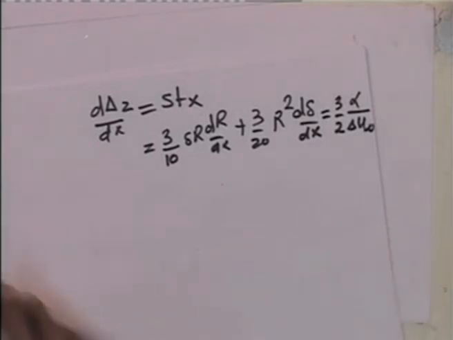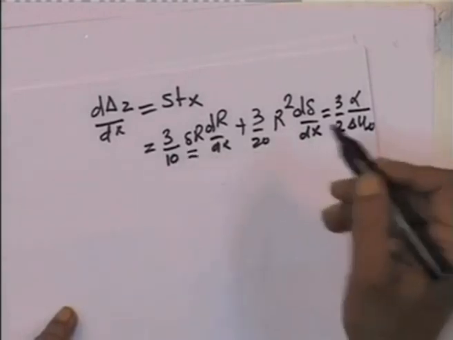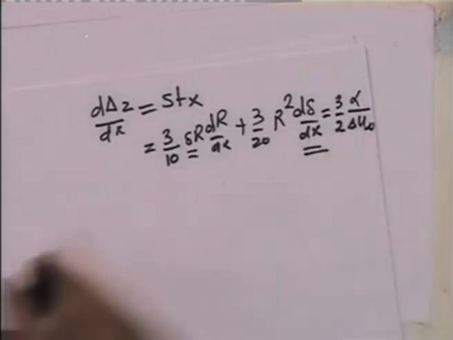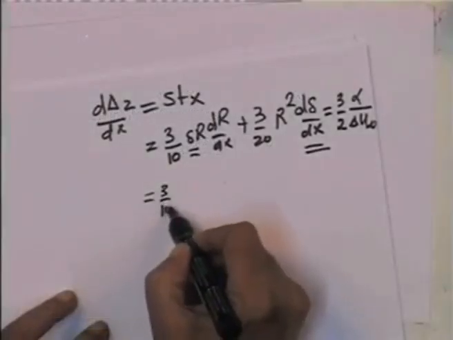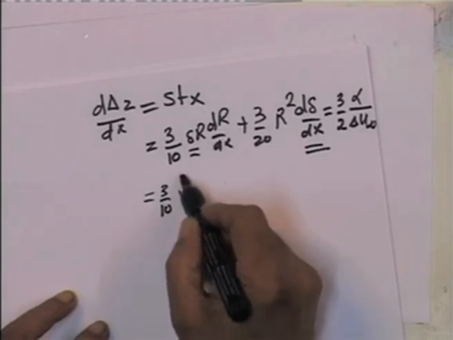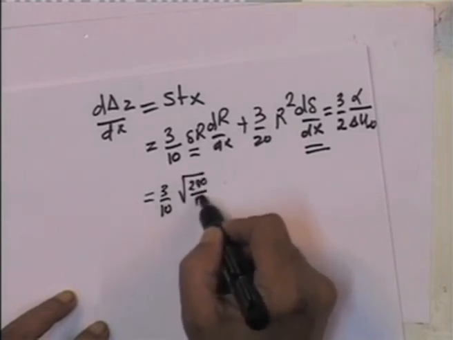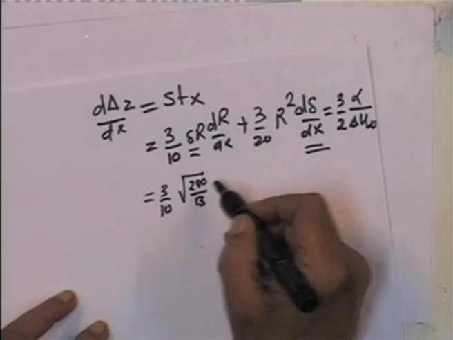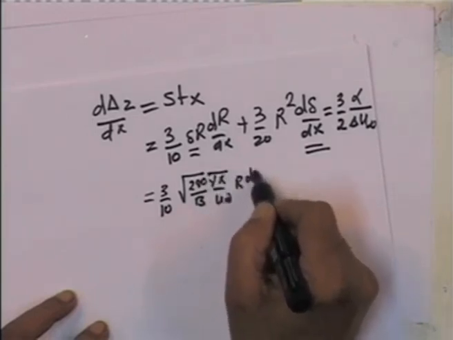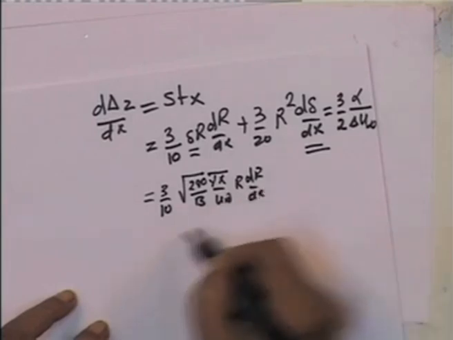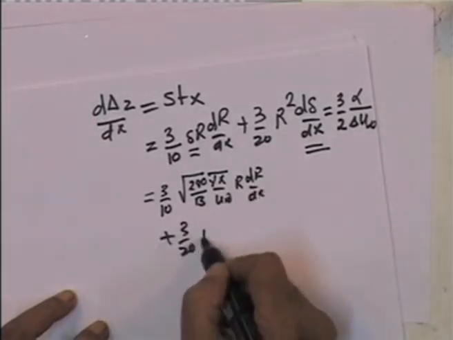All right, where do we get delta from? I need to get delta and d delta by dx, and that is what we evaluated on the previous slide. You will see that delta is just 3 by 10 into under root 280 by 13 into nu x by u infinity r dr by dx plus 3 by 20 r square.